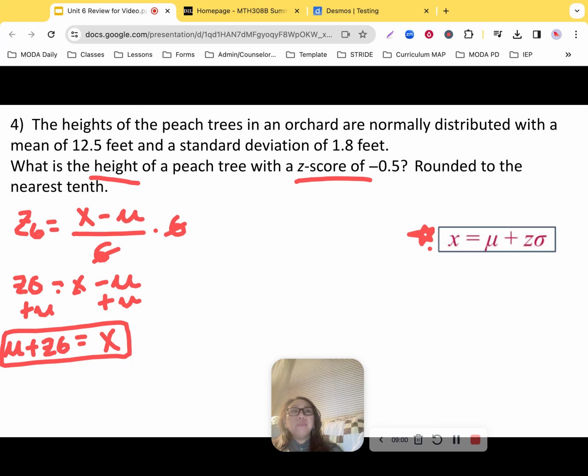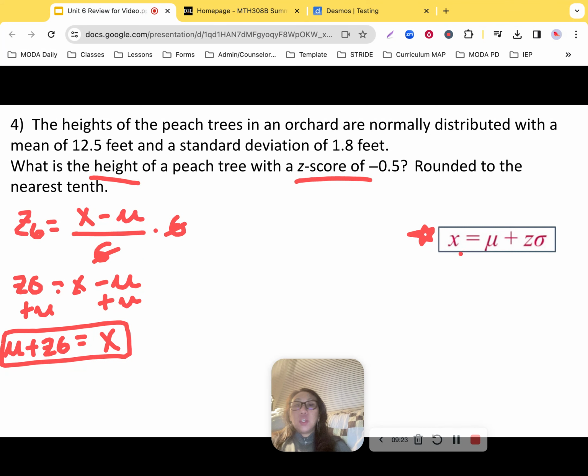So if you are familiar with converting formulas to whatever you're looking for, you can actually find what the problem is asking by just familiarizing yourself with one formula. So you can use the z-score formula and then just convert it to whatever we are looking for in the problem.